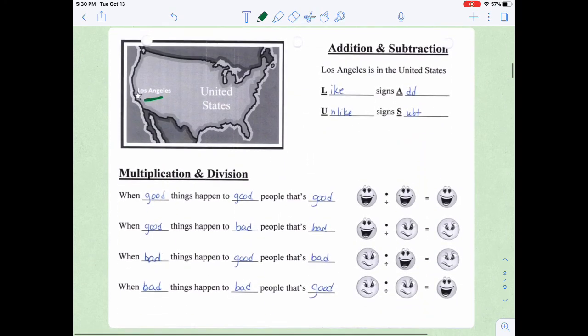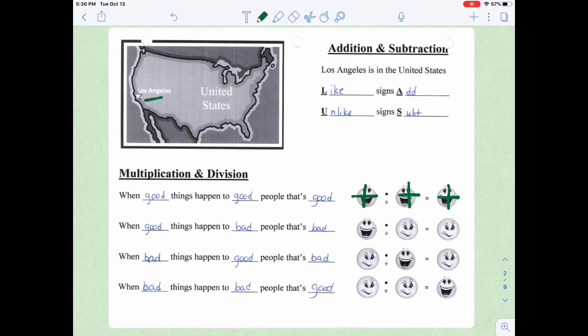And then when we want to talk about multiplication and division, here are some funny sayings. When good things happen to good people, that's good. So basically we're saying when we have a positive times a positive or a positive divided by a positive, that's going to be a positive.